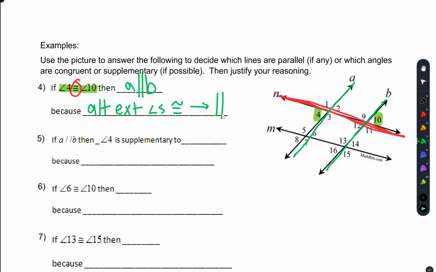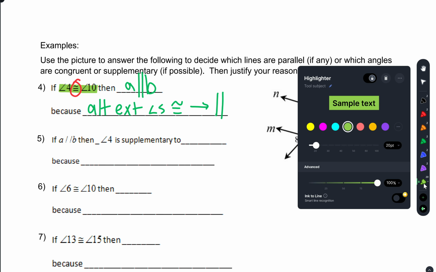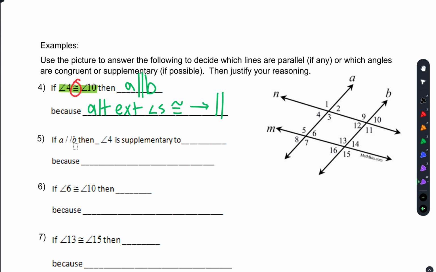Okay, number 5. If A is parallel to B, then angle 4 is supplementary to blank. So now I'm starting with my parallel lines. A is parallel to B. That means I'm looking in the left-hand column on that table up there. It says angle 4.